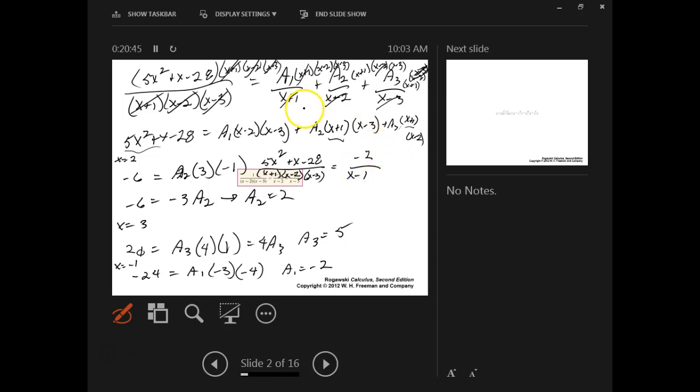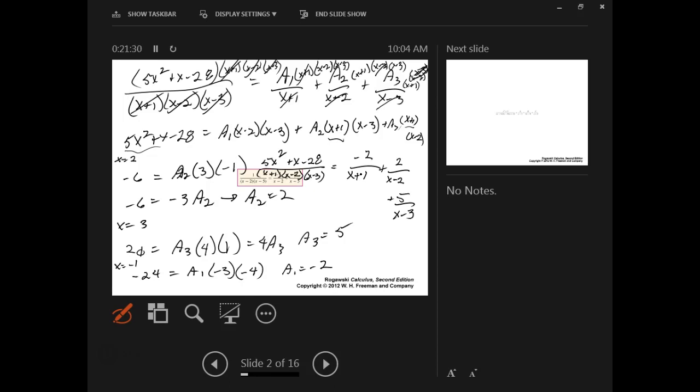Plus 2 over, because a2 was 2, over x minus 2, right? And then we had a plus 5 over x minus 3. All right? And they just sort of voila'd it and said, here's what we got. And they put the minus out in front, minus 2 over x plus 1, plus 2 over x minus 2, plus 5 over x minus 3.